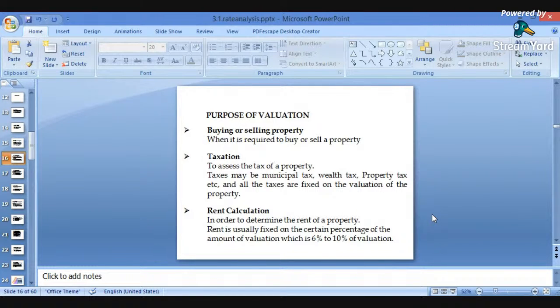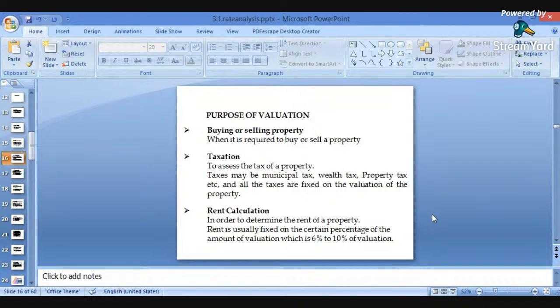Again, rent fixation. For fixing the rent, valuation again plays an important role in determining the rent of a property. Rent is usually fixed as a certain percentage of the amount of valuation, which is about 6 to 10%.